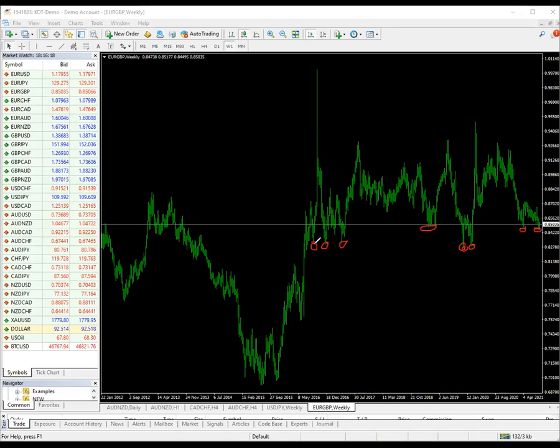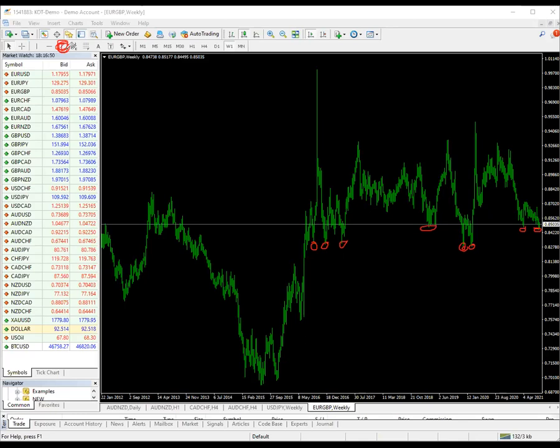So it's either we connect two of these. So let's draw a trend line. If you want to draw a trend line on the MT4, at the top here, you see this slanted line somewhere here.